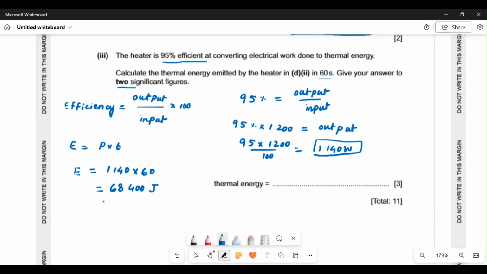So I can round it: 68,400 divided by 1000 is 68.4 kilojoule, that is rounded to 68 kilojoule. So 68 kilojoule is the answer.